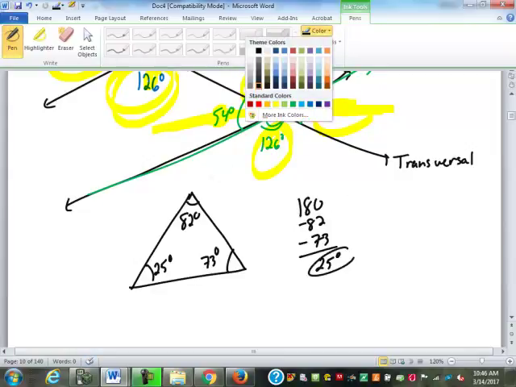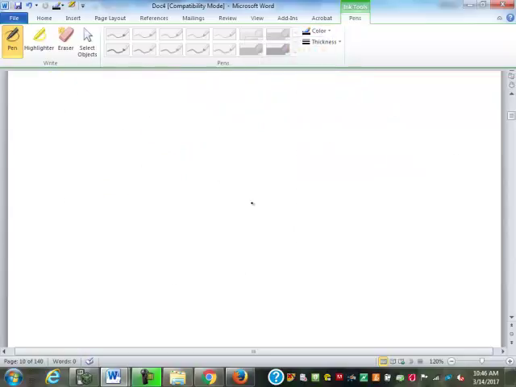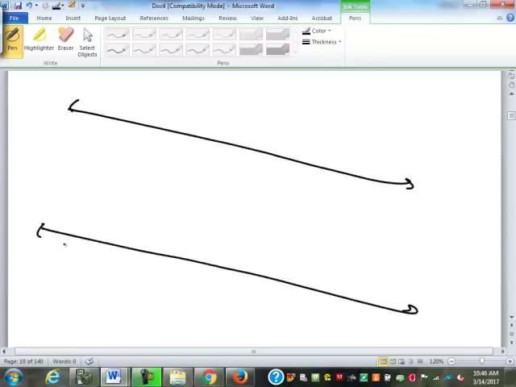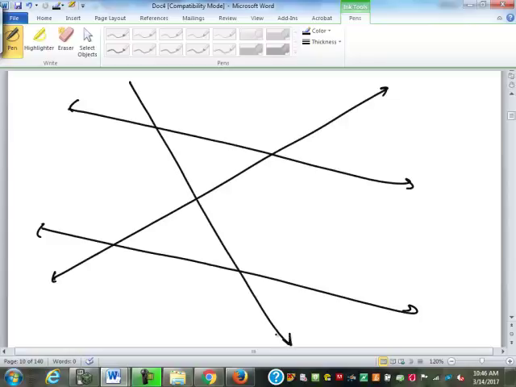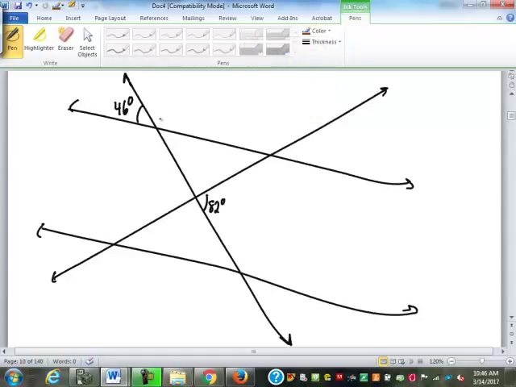So with that in mind, if I tell you that this angle here is 46 degrees and that this angle here is 82 degrees, I want you to find, actually I'm going to number them to make it more consistent.